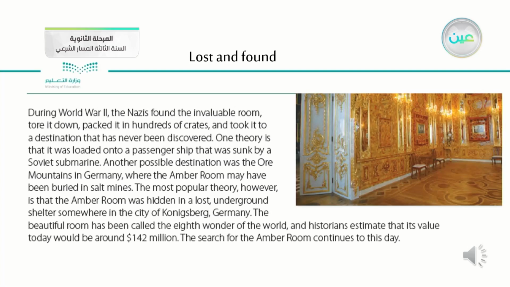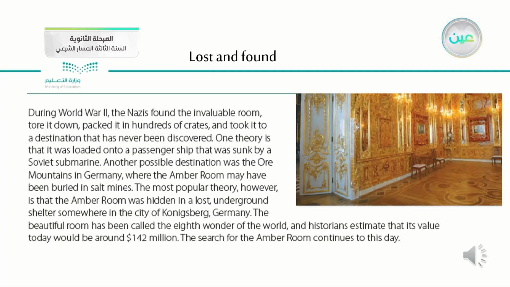The most popular theory, however, is that the Amber Room was hidden in a lost underground shelter somewhere in the city of Königsberg, Germany. The beautiful room has been called the 8th wonder of the world, and historians estimate that its value today would be around $142 million. The search for the Amber Room continues to this day.